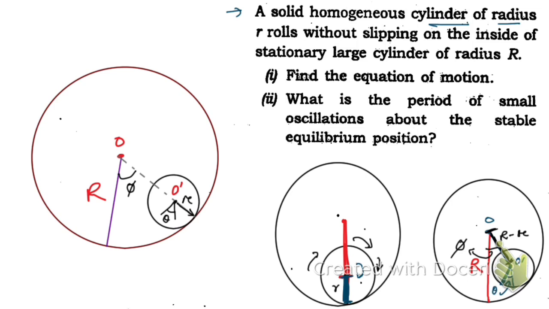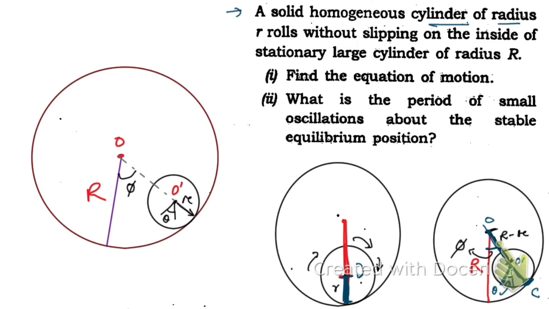When the line joining the two centers O and O prime makes angle phi with the vertical, you can say it is the angle made by the radius of the larger cylinder drawn through the point of contact. Suppose this is the point of contact of the two cylinders.